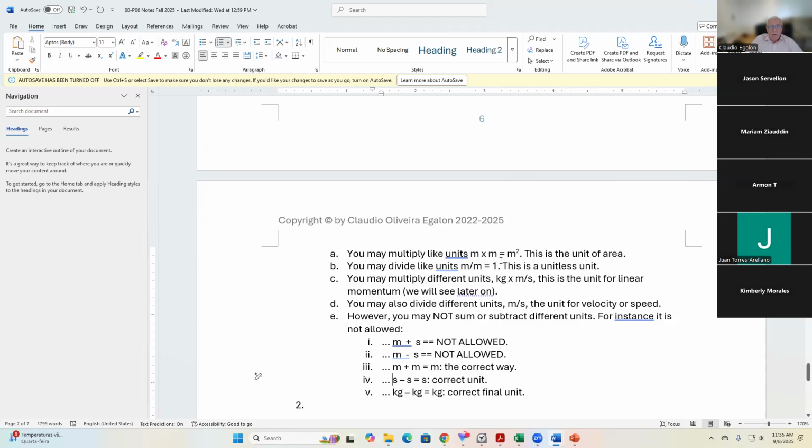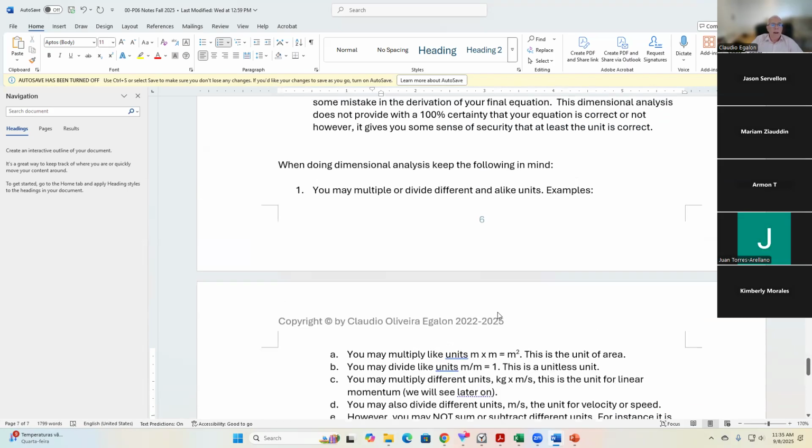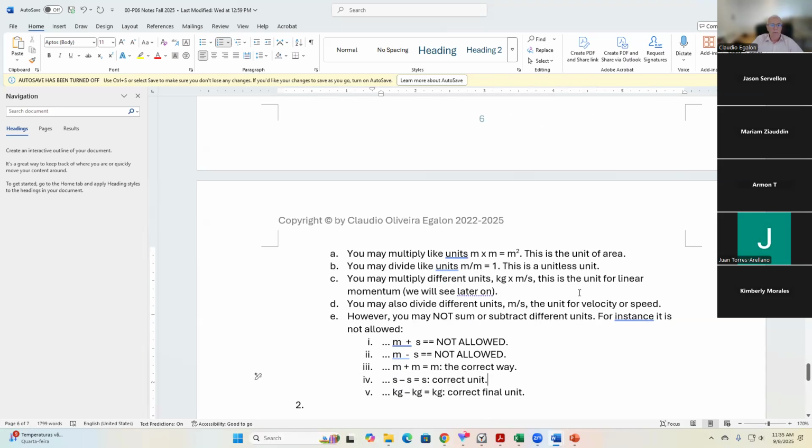What else? Meters per second. Yeah, I did meters per second here, right? Meter square, kilogram. Okay, here we go. Let's see if I can organize better. You may multiply or divide different and unlike units. Example: meter times meter is meter square. Meter divided by meter is going to be 1 because the meter downstairs cancels out with the meter.